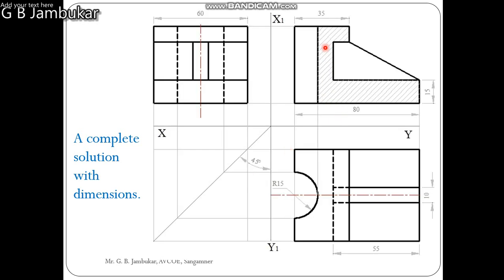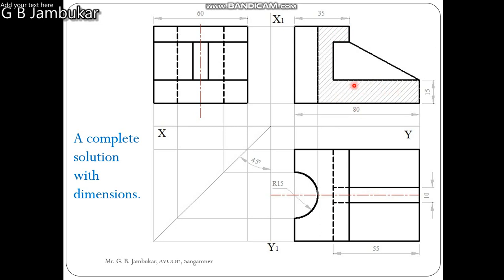Now in this diagram, when the object is cut, this line appeared as a hidden line in the front view, but if we take the section, this corner is now visible, and due to this the line becomes continuous, and when we observe the material inside the object, this material is shown by the hatching lines.